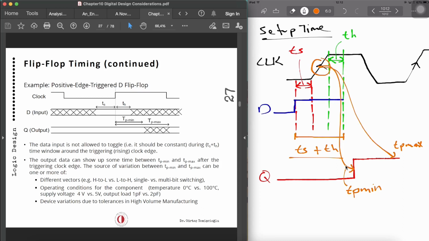So it's not an exact amount of time, okay? Multi-bit switching, operating conditions, temperature, the supply voltage, and the load are all affecting the propagation delay. So they can be considered, and they are not necessarily specific. The manufacturing is also affecting how this is going to be.